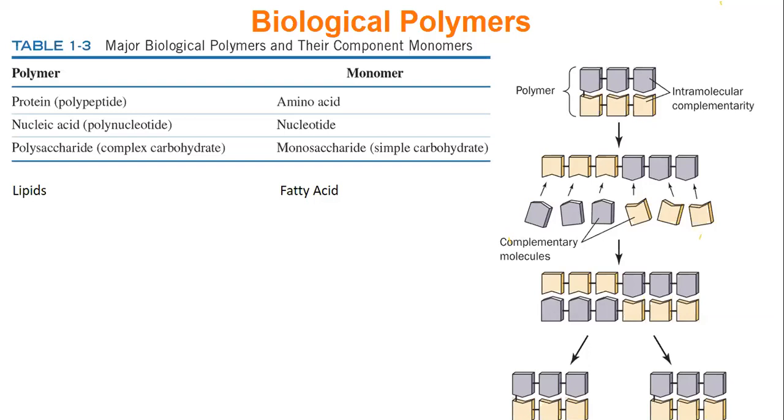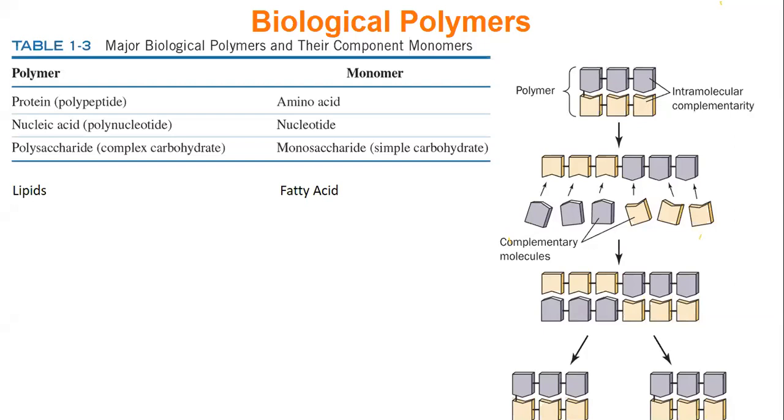So we're going to learn about the single monomers in this class, all 4 that are shown on this slide. We're going to learn how they connect together to make their polymers. And then we're going to learn how their polymers are used inside the cell for life to happen. So this is just an example of where we're going.